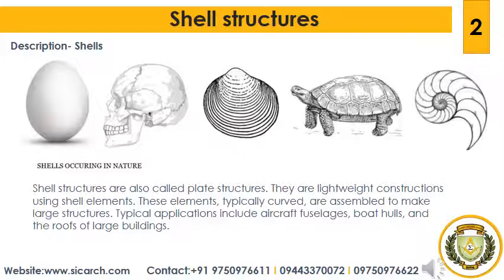So a shell structure is a thin covered membrane or a slab, usually of reinforced concrete, that functions as both structure and the covering. So the term shell is used to describe the structures which possess strength and rigidity due to its thin, natural and curved form, such as the shell of an egg, a nut, a human skull and the shell of a tortoise.